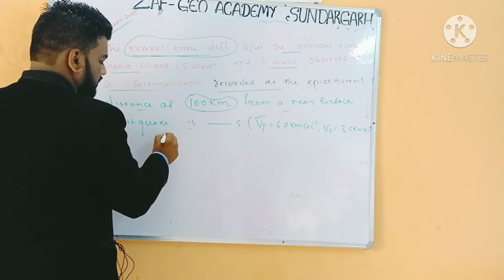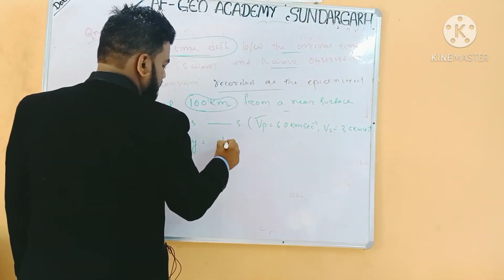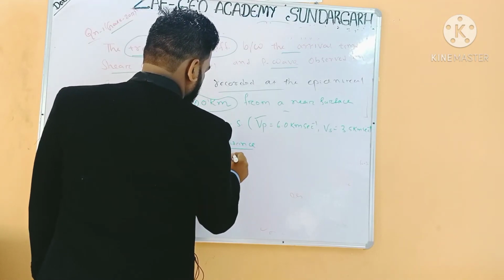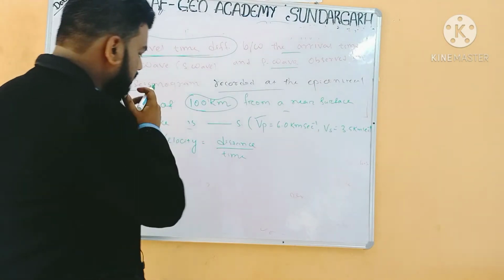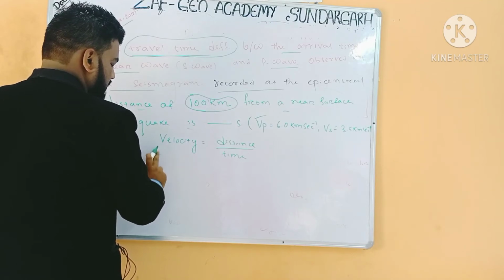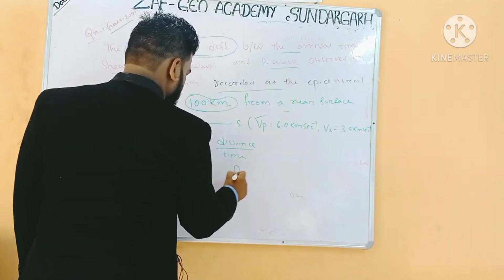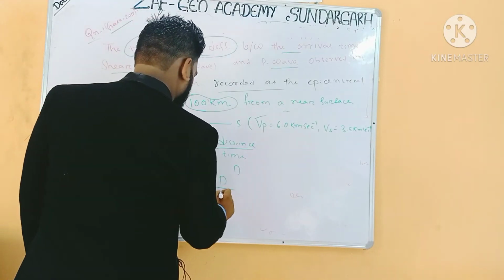You know the formula: velocity is equal to distance over time, or displacement over time. He is asking about time, so time times velocity will be equal to distance, and time will be equal to distance by velocity.